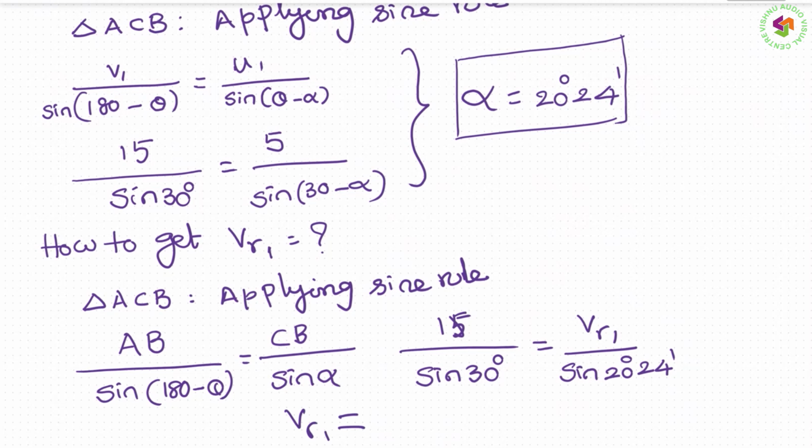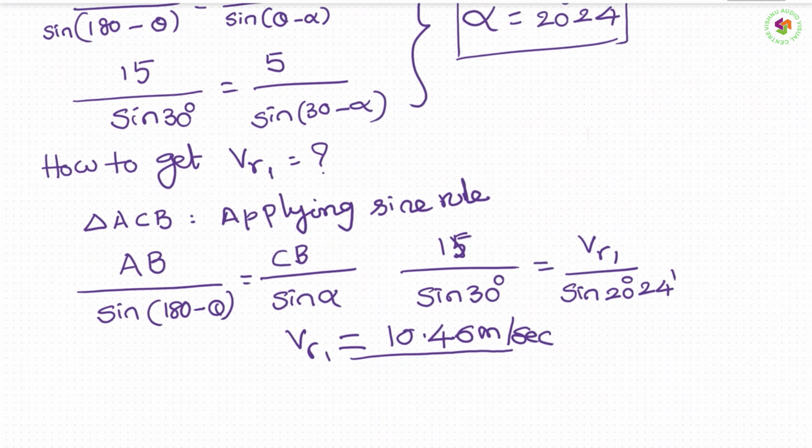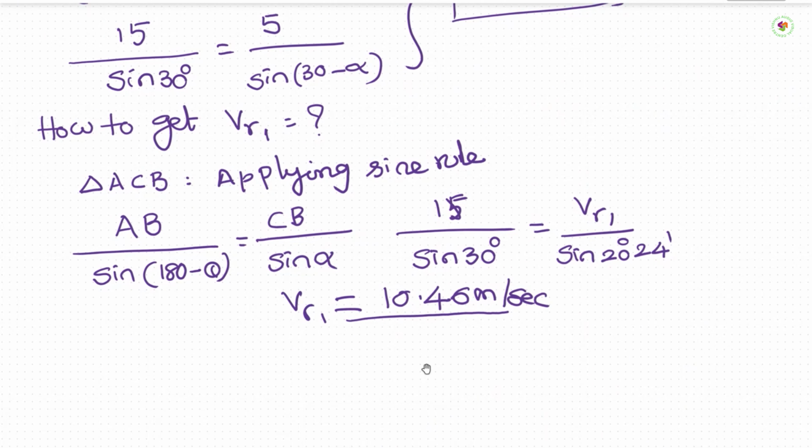If you calculate VR1 from this, it is going to be 10.46 meters per second. This calculation is one which you have to practice, because it's not that easy to do straight away in the exam unless you practice. If all the data is available, three values are there, only one value you need to find out.